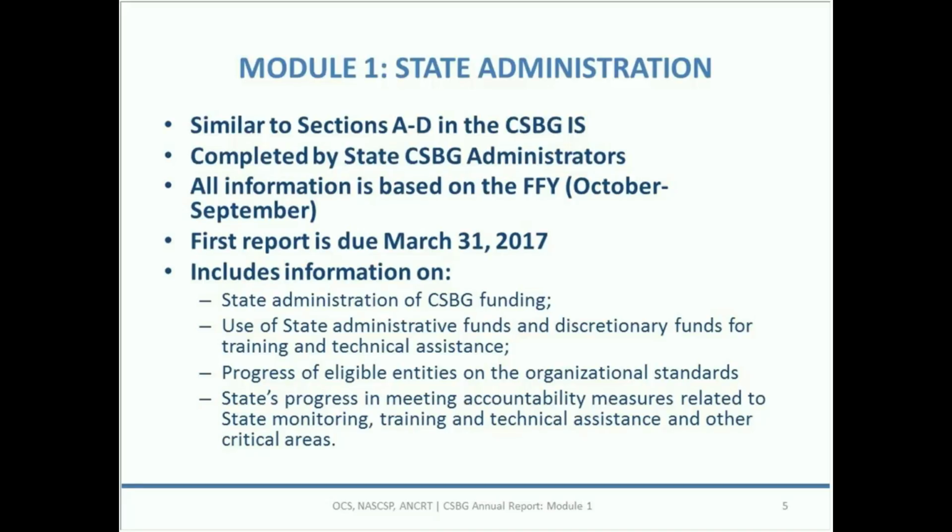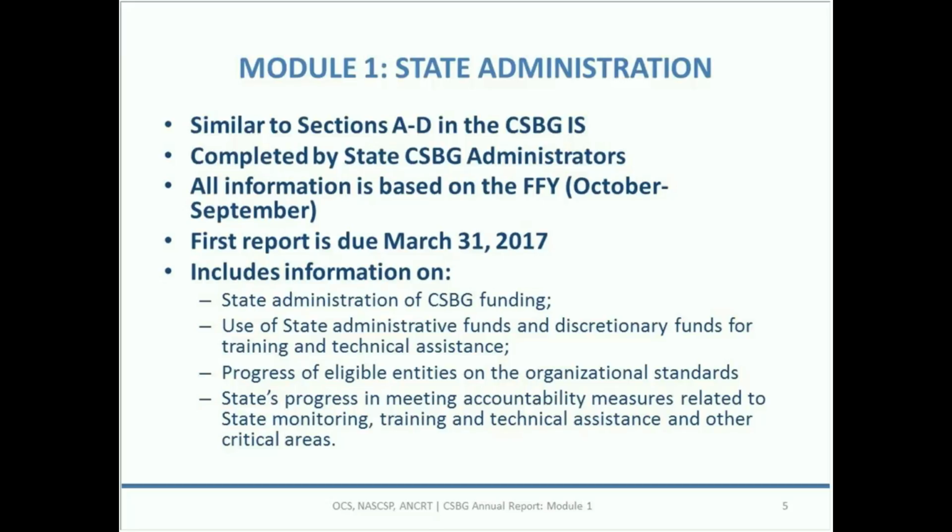All information is based on a federal fiscal year, October through September. And the first report using Module 1 for the new CSBG annual report is envisioned to be March 31, 2017.